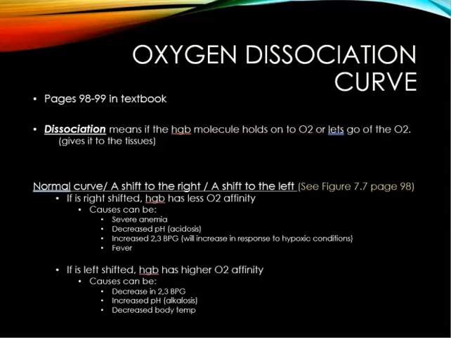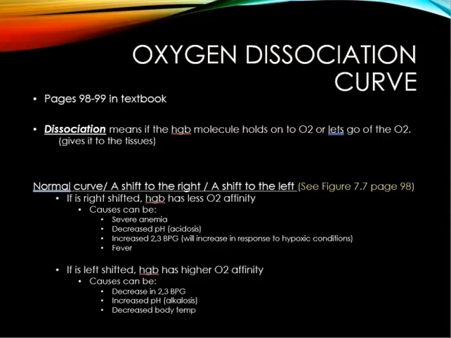It can be caused by severe anemia, which would be a low red blood cell count. It can be caused by decreased pH or acidosis, and acidosis is a buildup of acid in the blood. It could be caused by increased 2,3-BPG, which will increase the response to hypoxia conditions, or from something like a fever.